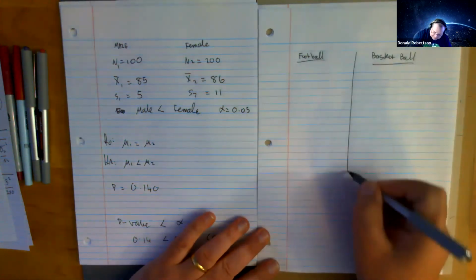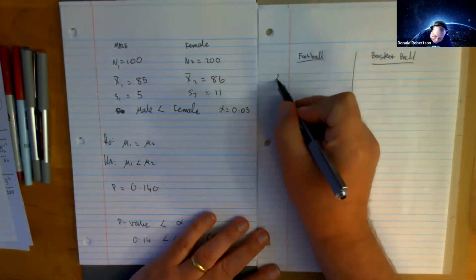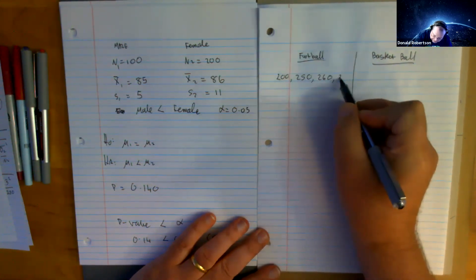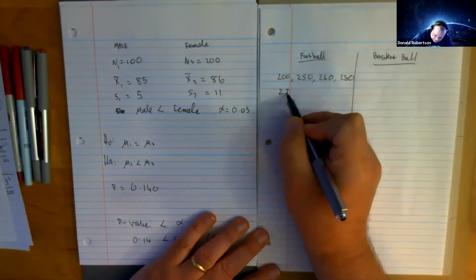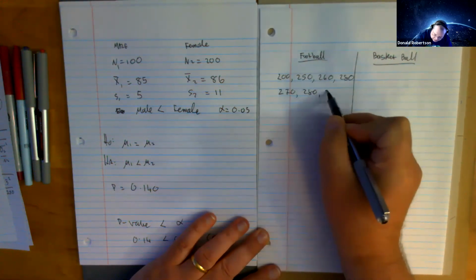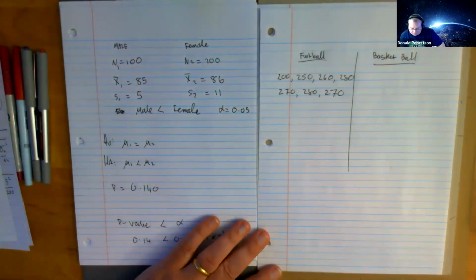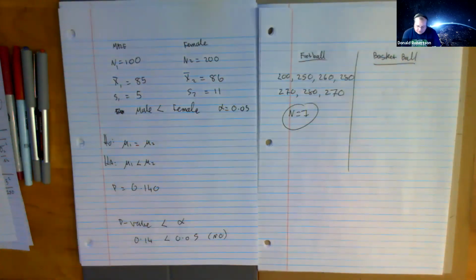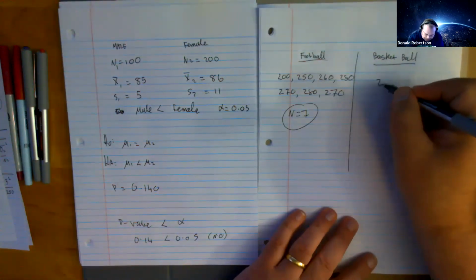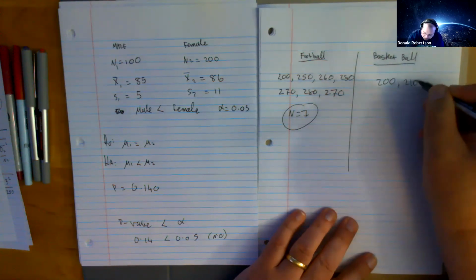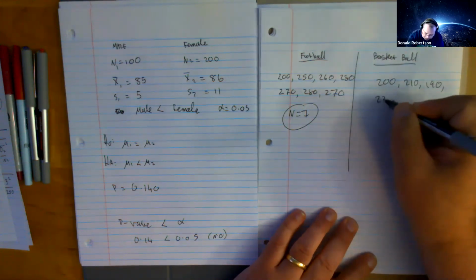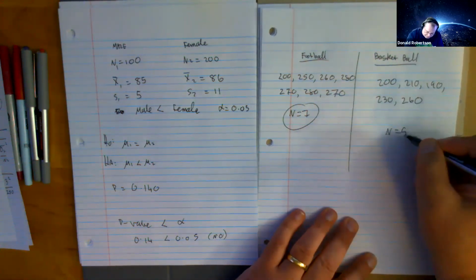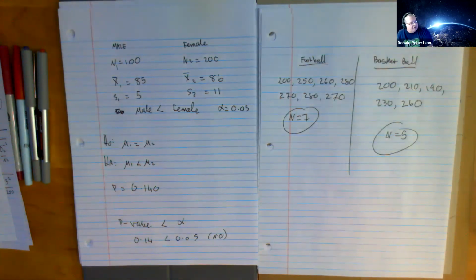So what he did is he found a random sample of 1, 2, 3, 4, 5, 6, 7 football players, and then he got another random sample, to make my life easy, of 5 basketball players.